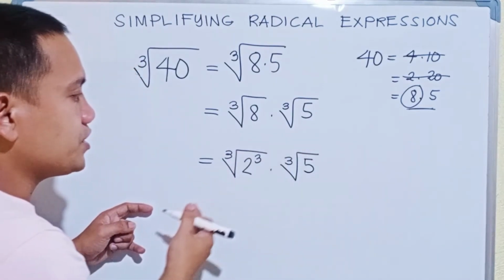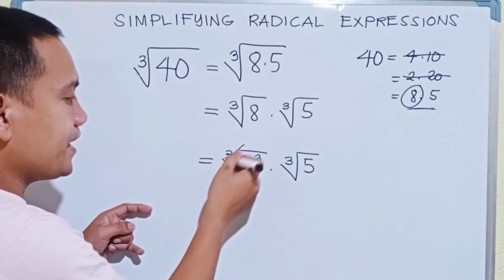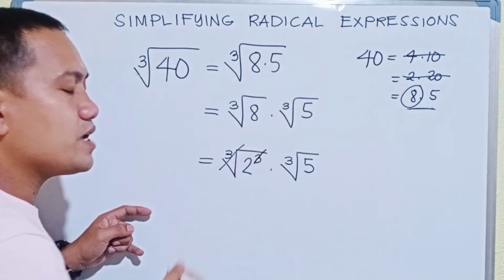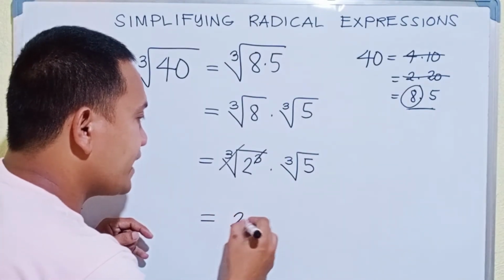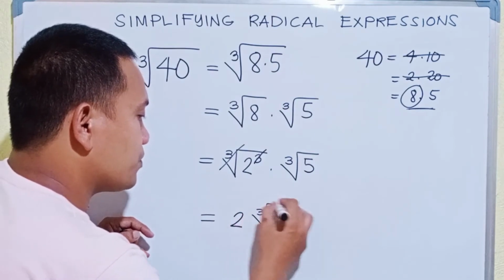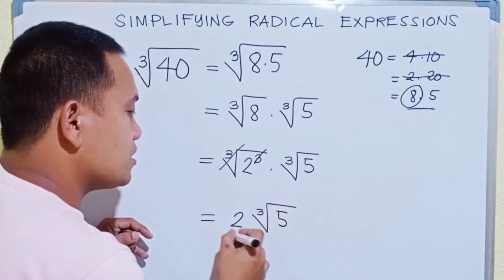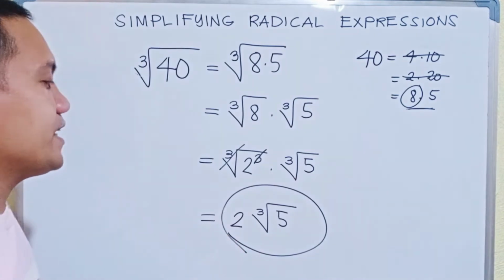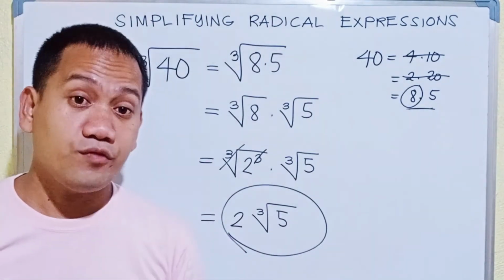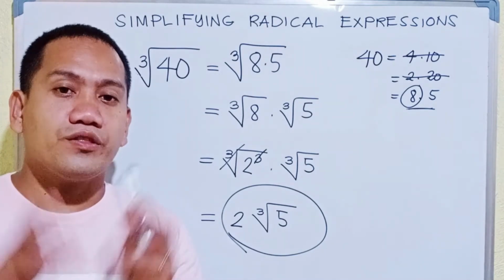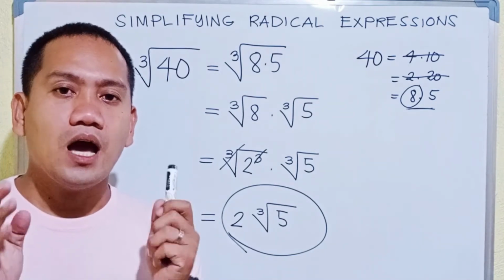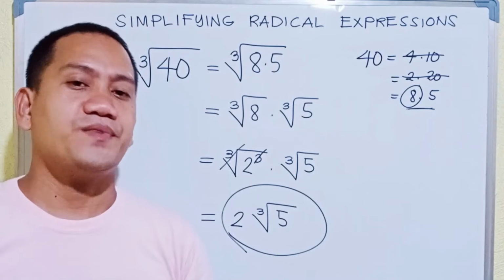From this step, our index and exponent are the same, so we can cancel out the radical symbol. So we will have 2 and copy again cube root of 5. This means cube root of 40 can be written in its simplified form, and that is 2 cube root of 5. So this is how to simplify our radical expression.